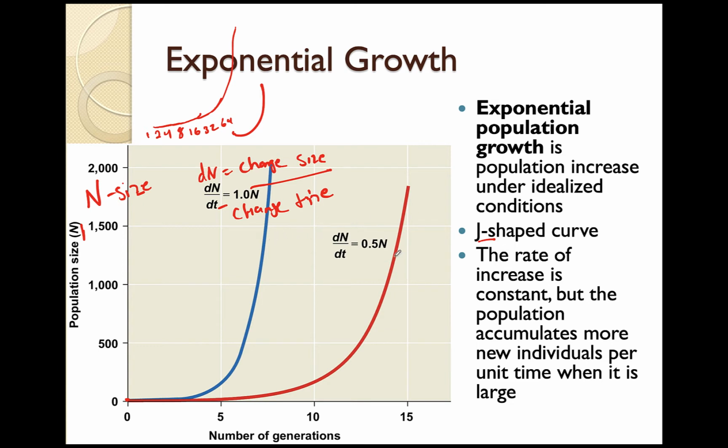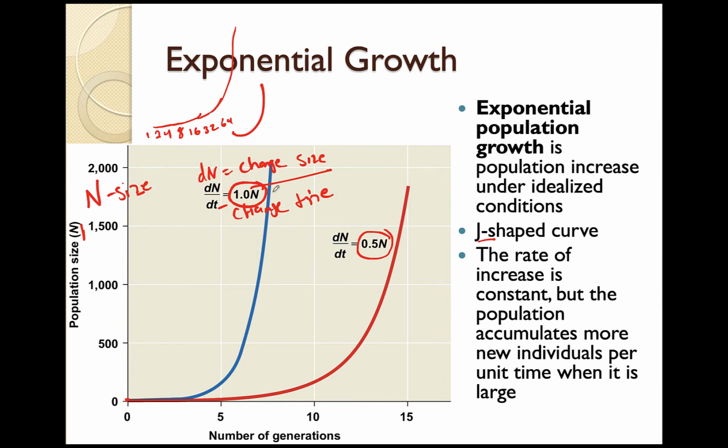So if we look at these two populations, this one has a growth rate of 1, and this one has a growth rate of 0.5. Which one's going to grow faster? The one with the higher growth rate. And so without doing all of the math, we can see that this is going to grow twice as fast as this group.